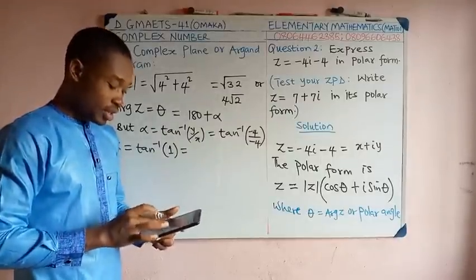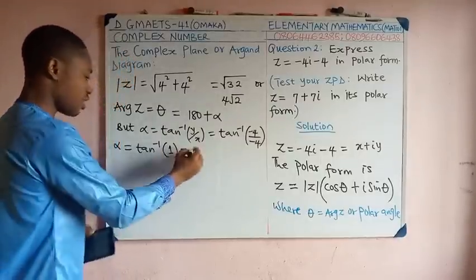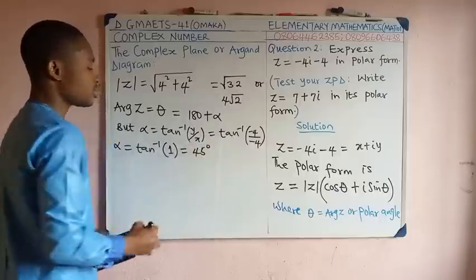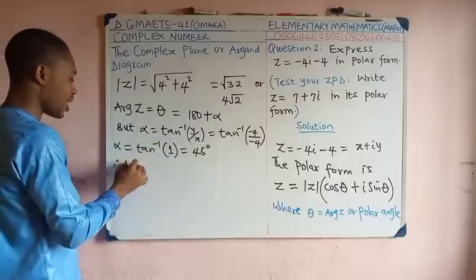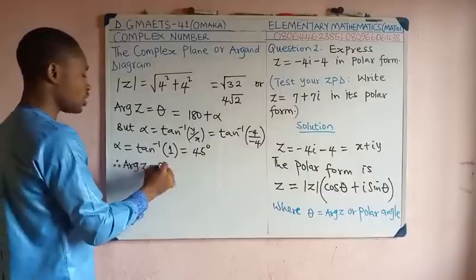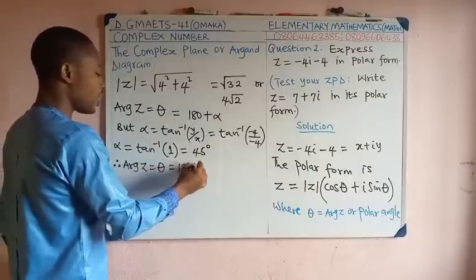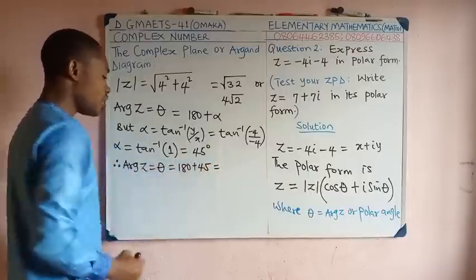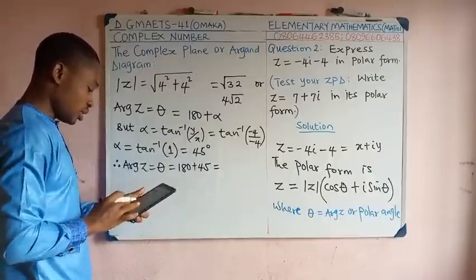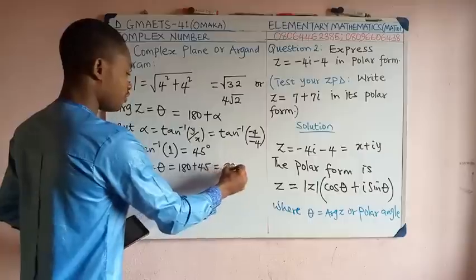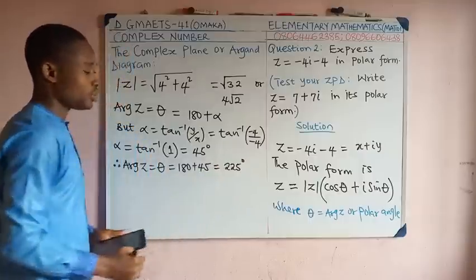Let's find out. Tan inverse of 1, correct, is giving me 45 degrees. Which now means that theta, or argument of z, will be 180 plus 45. And 180 plus 45 should give us about 225 degrees. Good.